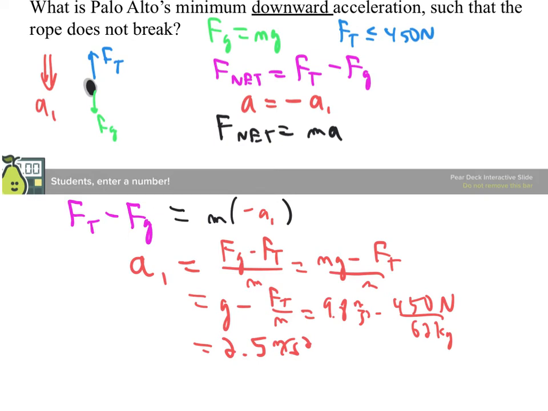We can show that formally, and I think I will as an aside on the next screen, but just keep in mind, the idea is that if he goes slower than that, then the rope has to counter more of his weight, so it would be over the 450 newtons. If you didn't like that informal reasoning, then here is a slightly more formal proof.